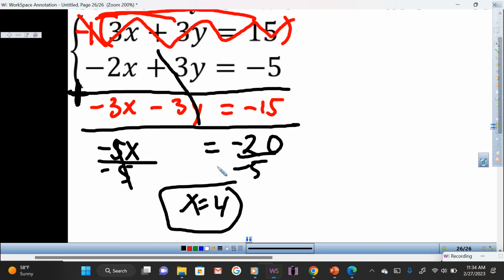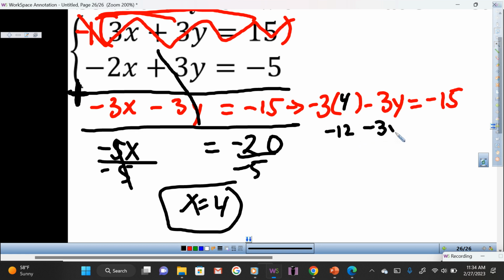Which one do you want to use? Isabella, the top one or the red one? All right, she said the red one. So let's use the red one. We got negative 3 parentheses minus 3y, negative 15. And we substitute 4 in there. So this becomes negative 12 minus 3y equals negative 15.